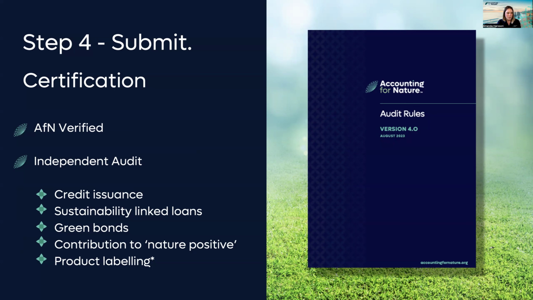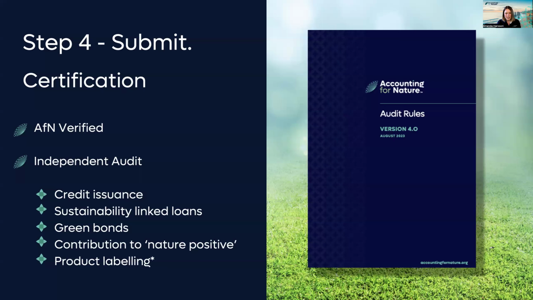There are a couple of reasons why you might need to have an independent audit of your environmental account. One of them is if you're looking to issue any credits. That could be co-benefits to carbon credits, or it can be standalone biodiversity credits. If you are seeking any sustainability-linked loans, that often requires an independent audit, as well as if the account is to underpin any green bonds.